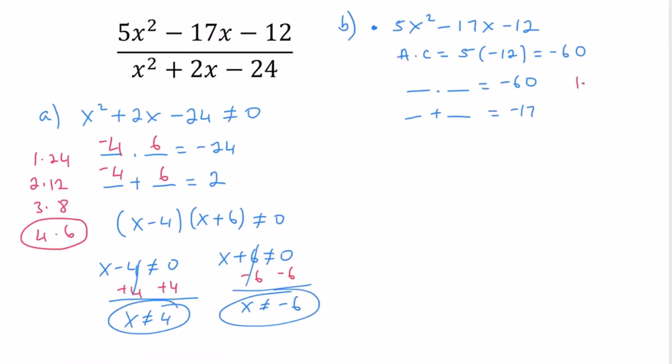So we have 1 times 60, 2 times 30, 3 times 20, 4 times 15, 5 times 12, and 6 times 10. So the potential ones that would give us 17, we have 3 times 20, and we also have 5 times 12.